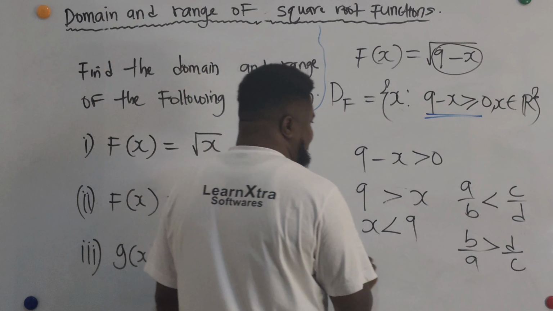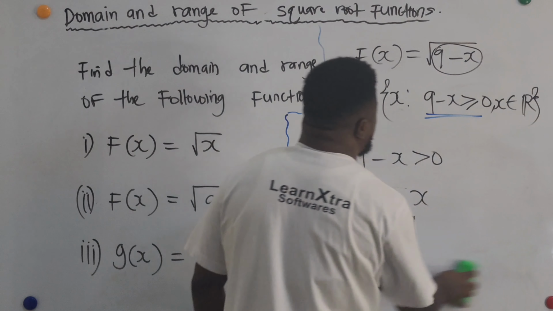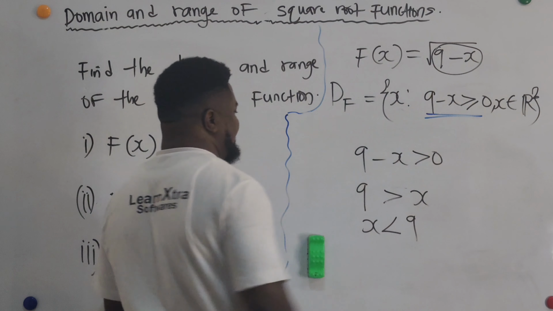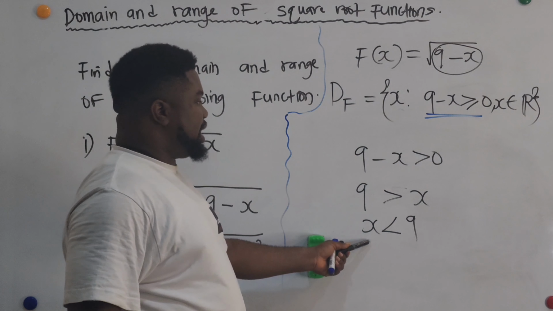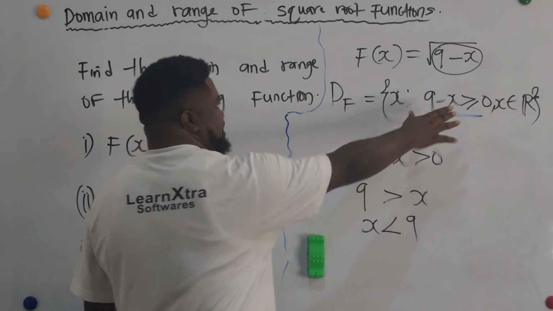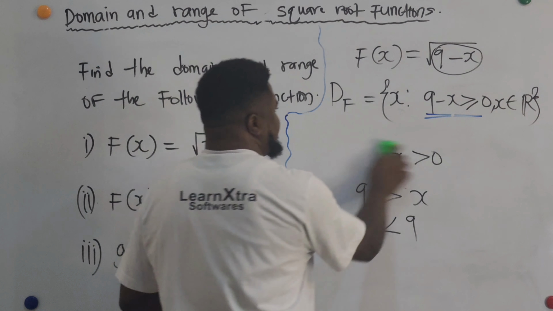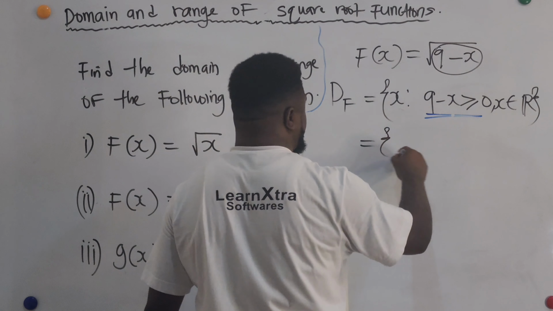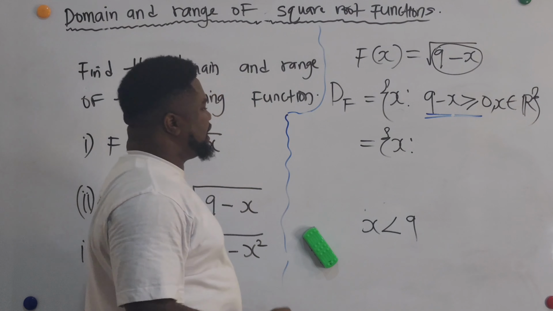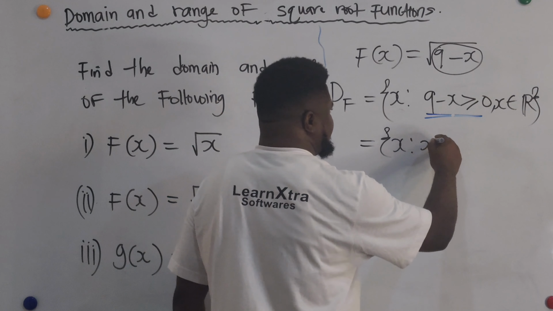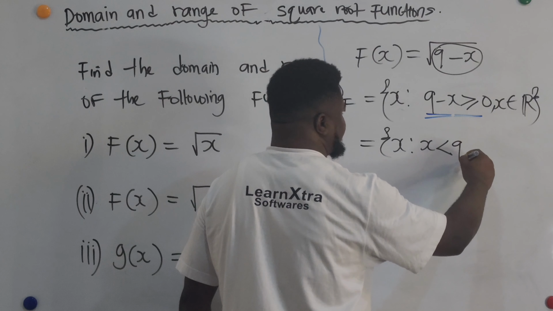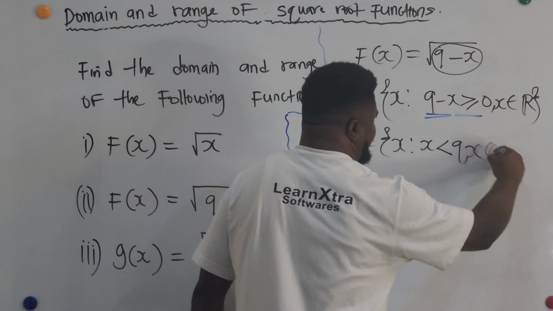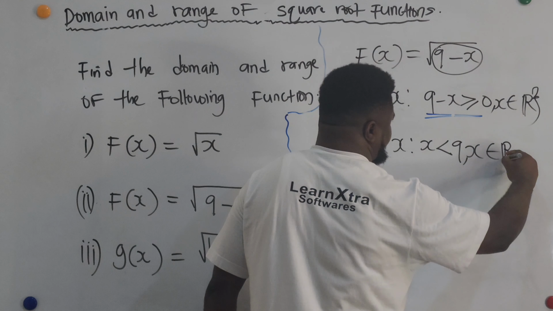Alright, back to business. So if I simplify this, I can change this to this. And that will be that the domain is x such that x is less than or equal to 9, where x is a member of the real numbers.